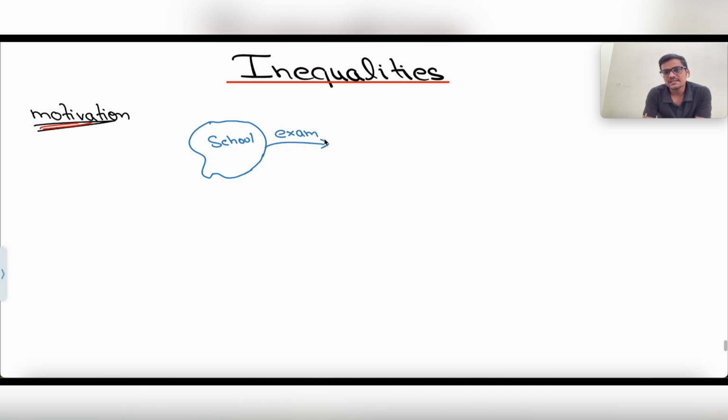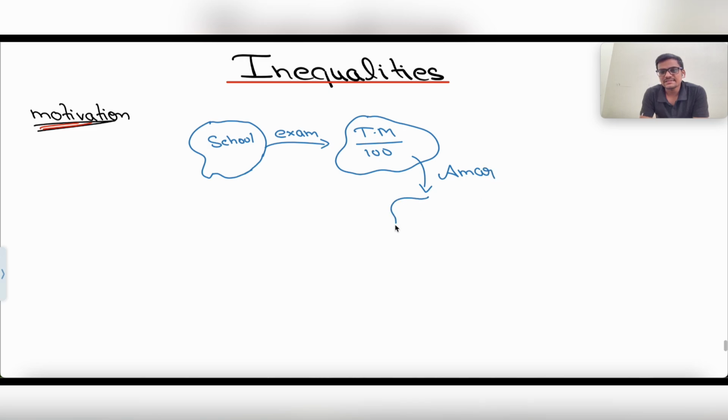In that exam, total marks is 100. There are many students giving this exam. Suppose one student is Amar, and Amar gave this exam and he got marks of X, means his marks is X.